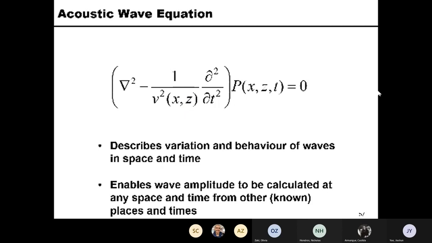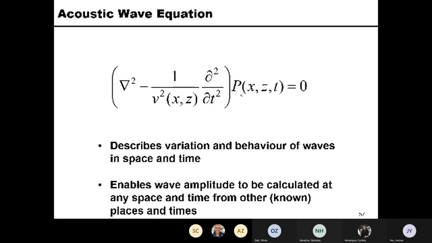So usually, apart from the source, we put the source here, but most likely we put 0 here. M is mass, density. But if we assume in this case acoustic density is constant, we can delete the constant rho.